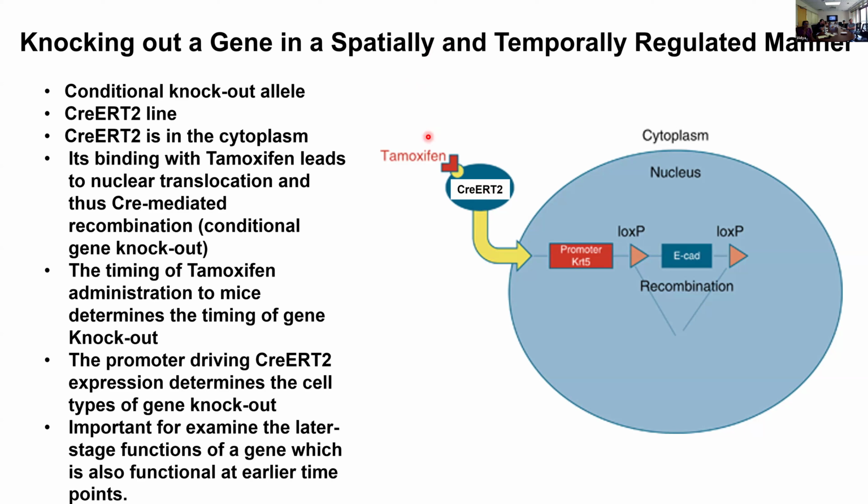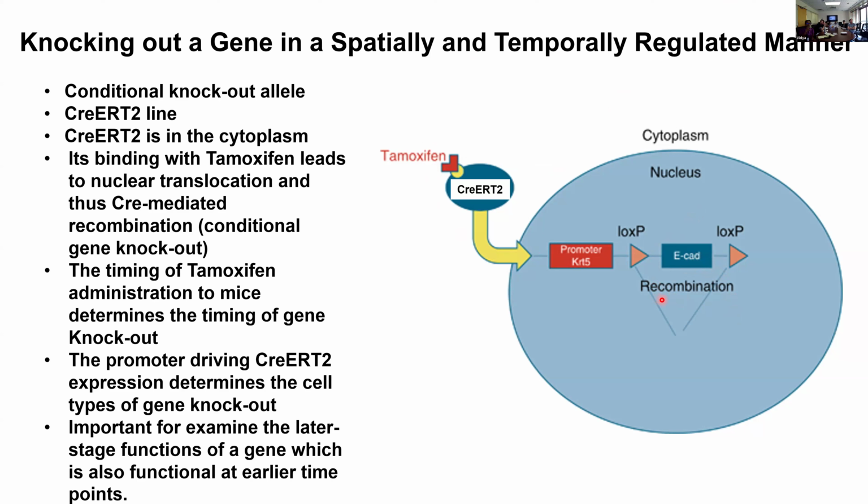Then you inject or provide tamoxifen to the animals. When the Cre-ERT2 protein binds to tamoxifen, it translocates into the nucleus, where it sees the LOXP sites in the genome and induces recombination, and therefore knockout.